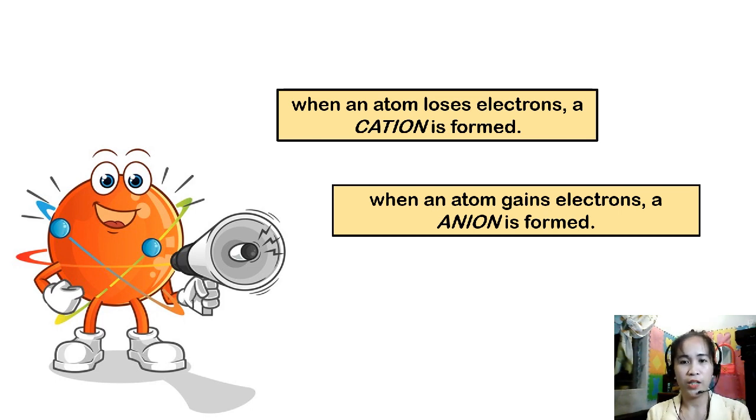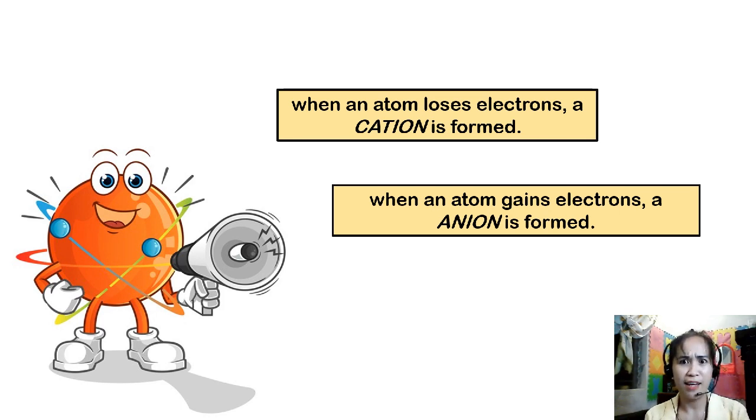So in the next grade level, you will learn that some nonmetals, on the other hand, tend to gain electrons, thus forming ions. Okay? And the formation of ions among the elements results in the formation of many different compounds.